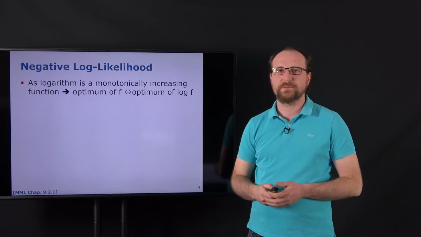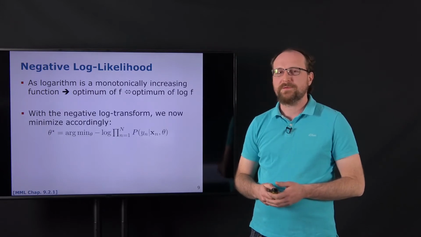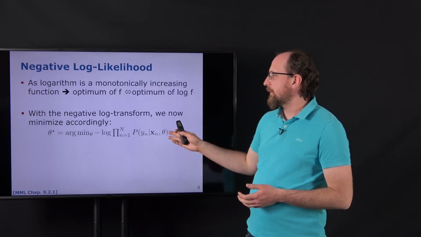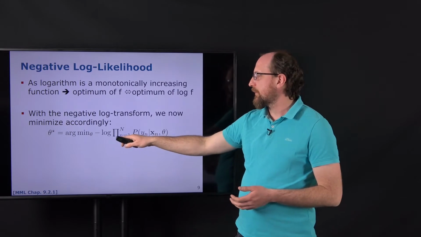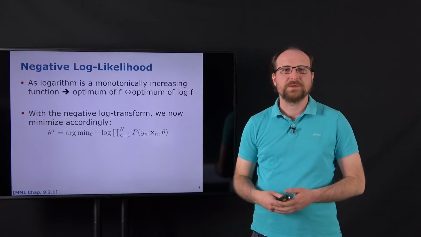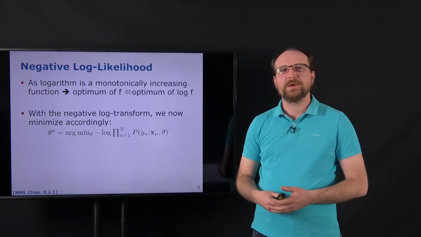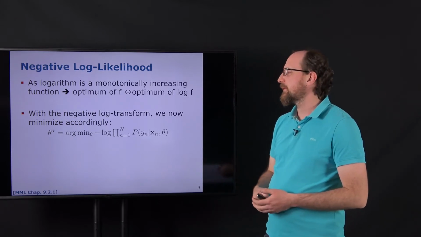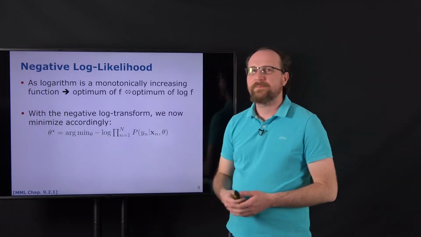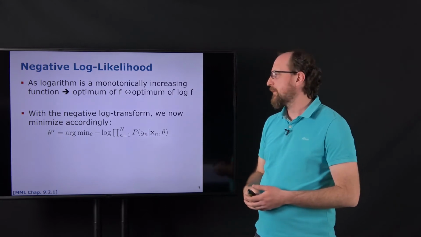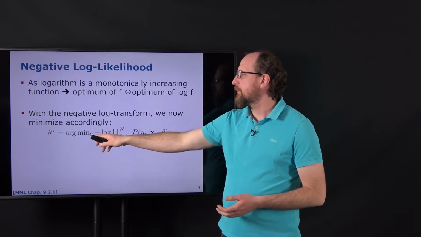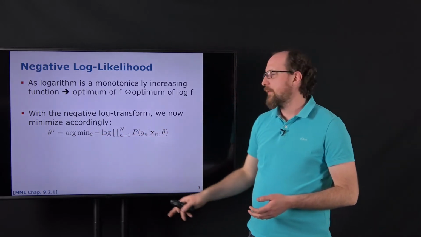By using this logarithmic transform, we can add the logarithm in front of the product here. Usually we are not maximizing, we want to minimize the objective function, and with this view we just have to add a minus in front of the problem that we had before. When we put a minus in front of it, the maximum turns into a minimum. This is the only thing that we did here.